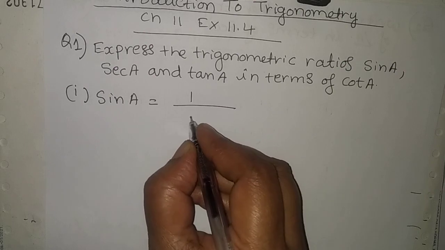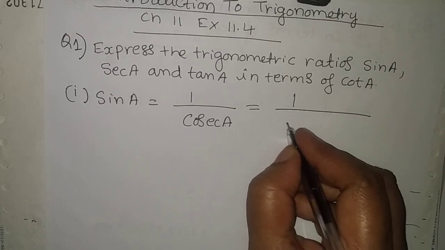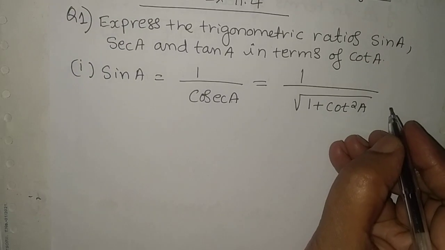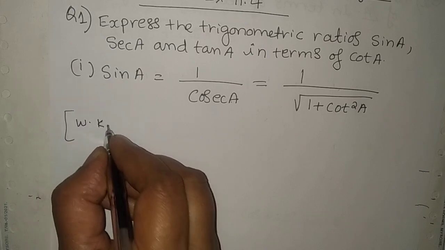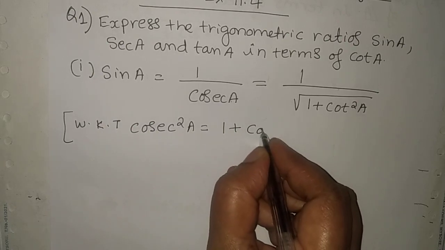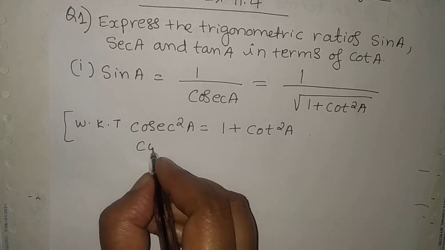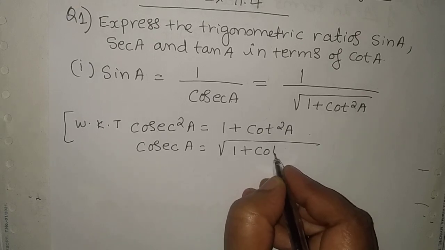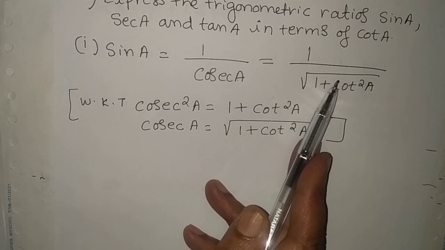Sin A can be written as 1 by cosecant A. So cosecant A can be written as square root of 1 plus cot square A. So we know that cosecant square A is equal to 1 plus cot square A. Then cosecant A is equal to square root of 1 plus cot square A. That's all, this is the solution.